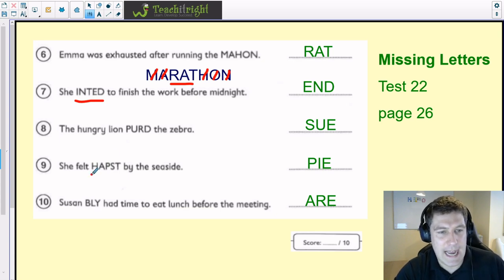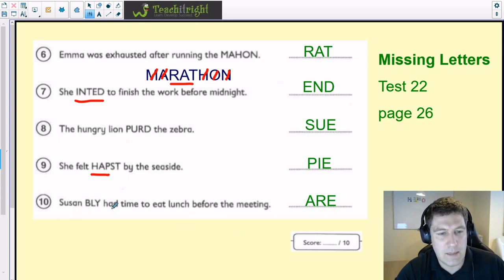Number 9, she felt something by the seaside. Now, maybe the H and the A and the P give you a bit of a clue to what this word is going to be. And the word we're looking for here is happiest. She felt happiest by the seaside. Question 10, Susan something had time to eat lunch before the meeting. Because if she's got a meeting, she's obviously got to rush to it probably, or she's got to get there on time.